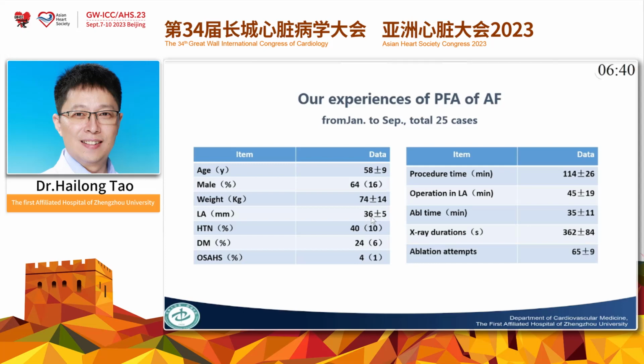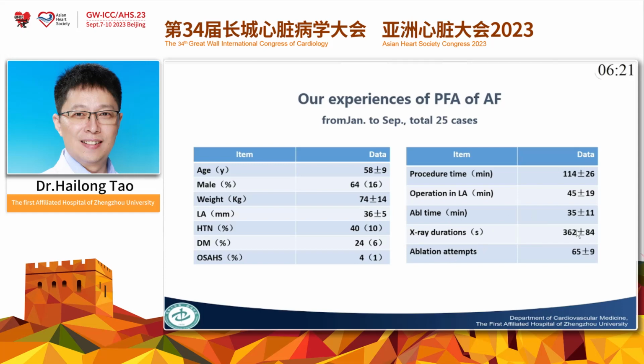It's 36 millimeters, and there are not so many comorbidities. For the procedure, the operation time in the left atrium is 45 minutes, and ablation time is nearly 30 minutes.